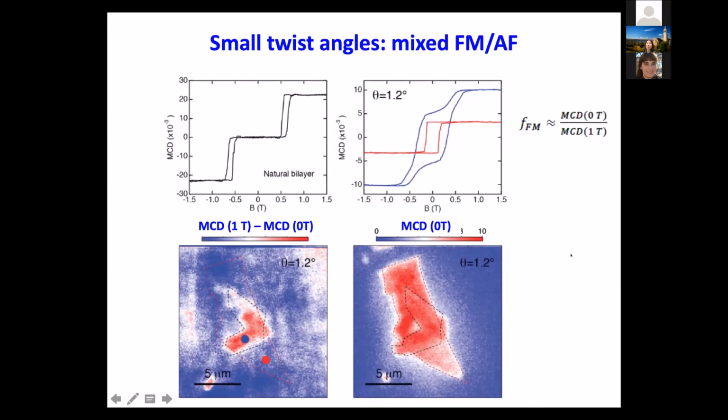So we can actually use this quantity, magnetization at the zero field and the saturated magnetization, to describe the relative area of ferromagnetic domains. So if you look at this, looks like about half is ferromagnetic, the other half is antiferromagnetic.